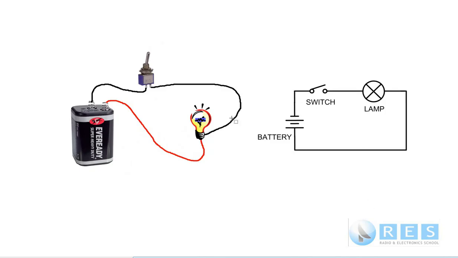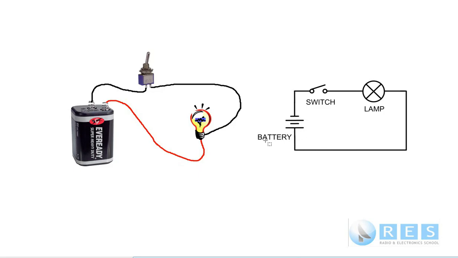This slide shows the schematic diagram of the pictorial diagram on the left, and you see how much neater and tidier it is to draw using symbols and schematic symbols instead of real pictures. This is a symbol for a battery.